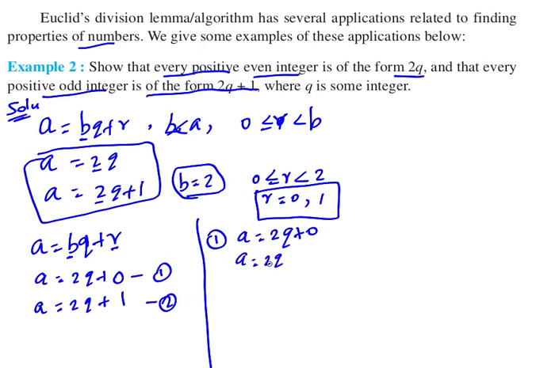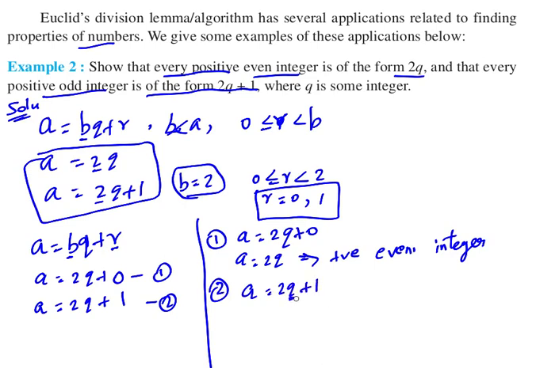That means multiples of 2. Definitely it is an even number. So a can be written in the form of 2q, which means definitely this a is an even number. So every positive even integer can be written in the form of 2q. According to the second equation, a equals 2q plus 1.